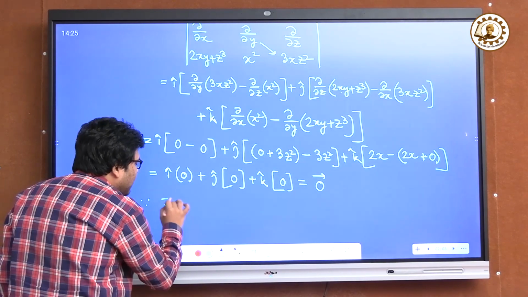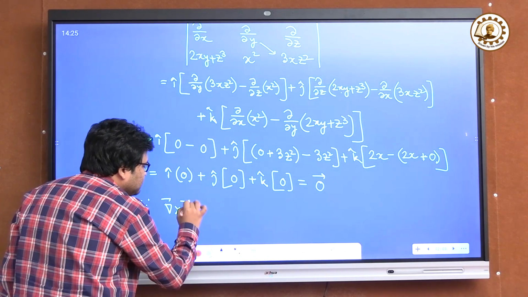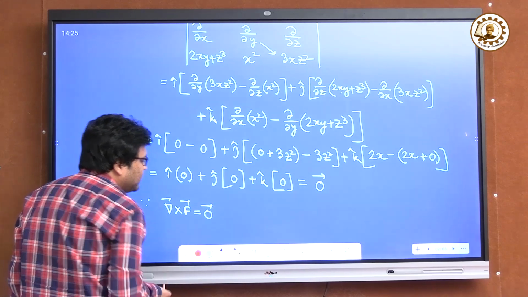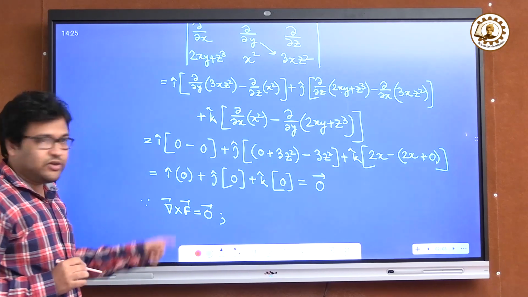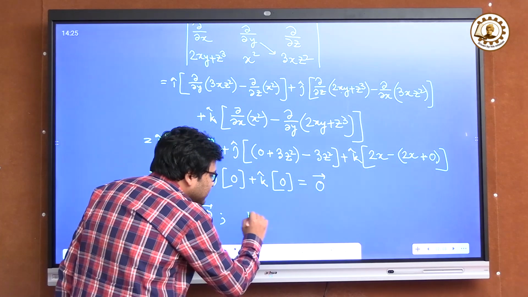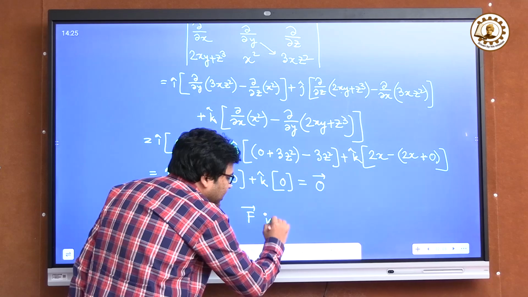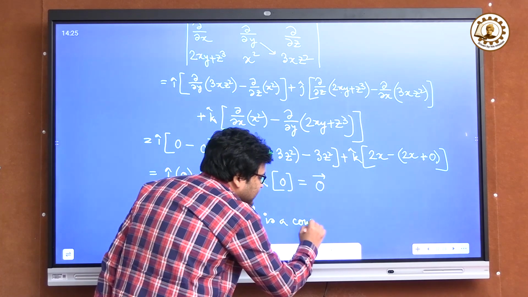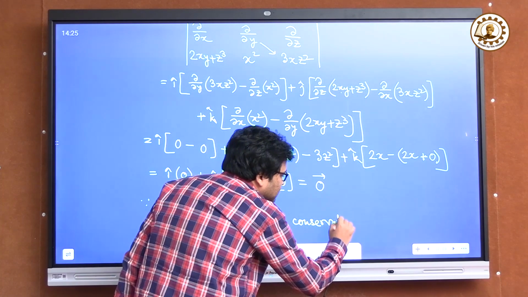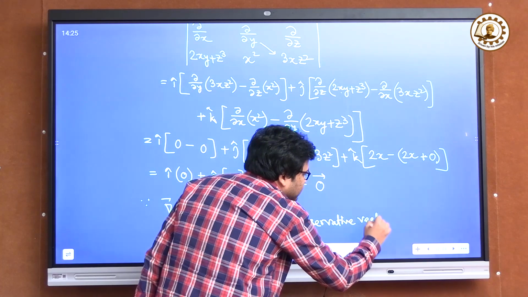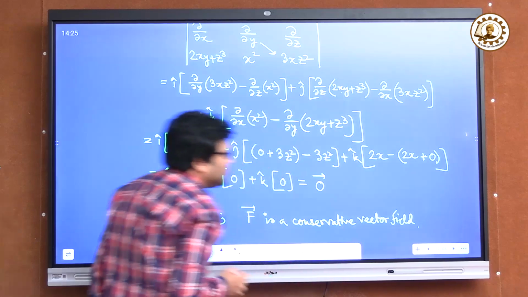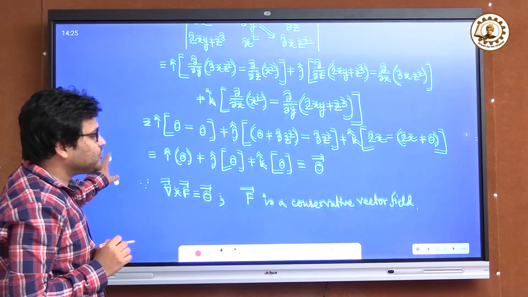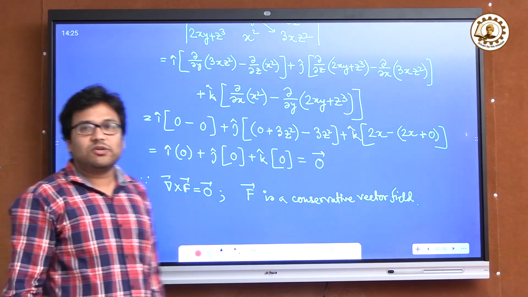Therefore curl of F is the 0 vector, and since the curl taken on the F vector is 0, we can conclude that F vector is a conservative vector. So hence that statement is true, that is, F vector is a conservative vector field.